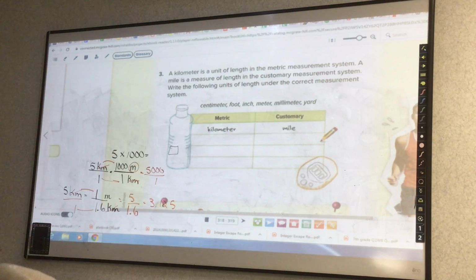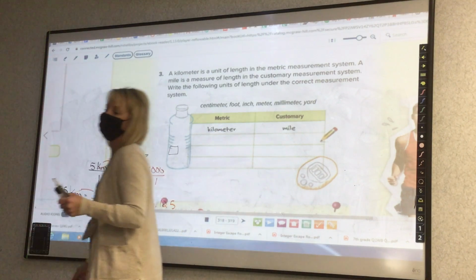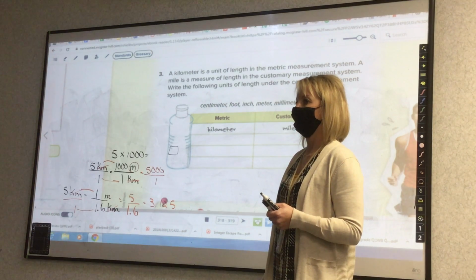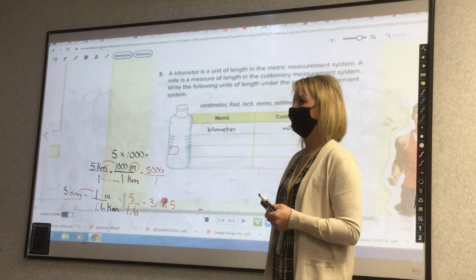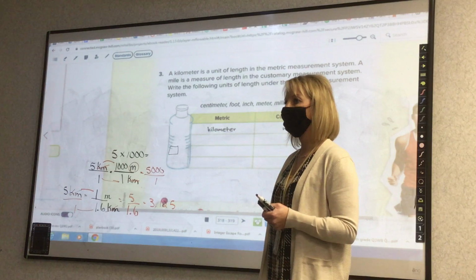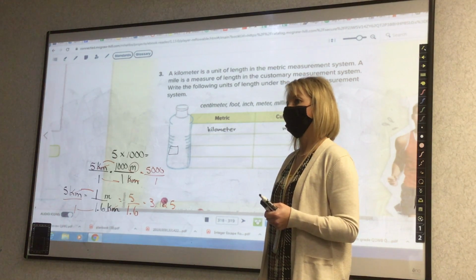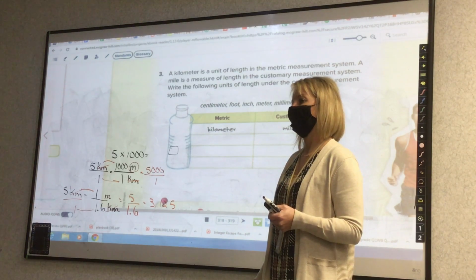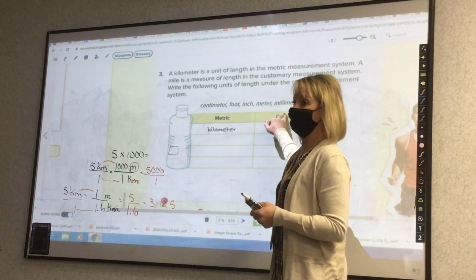Yes? You know how there's the centimeter and all that? Why does the centimeter go together with the inch and the feet? Centimeter, like customary?